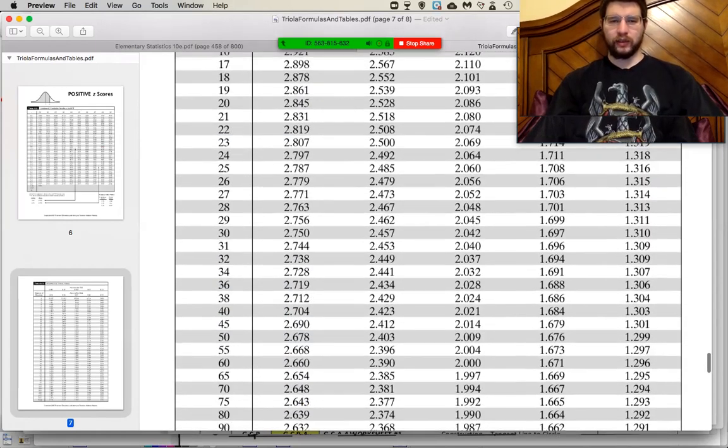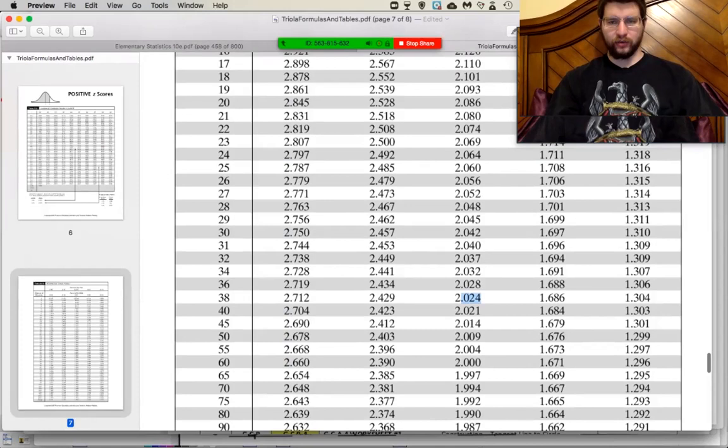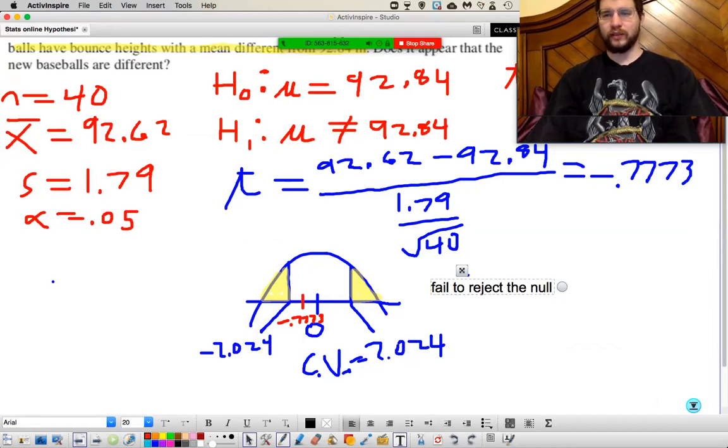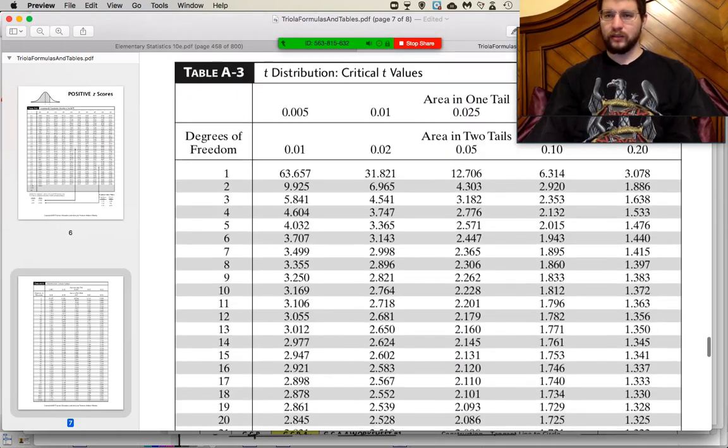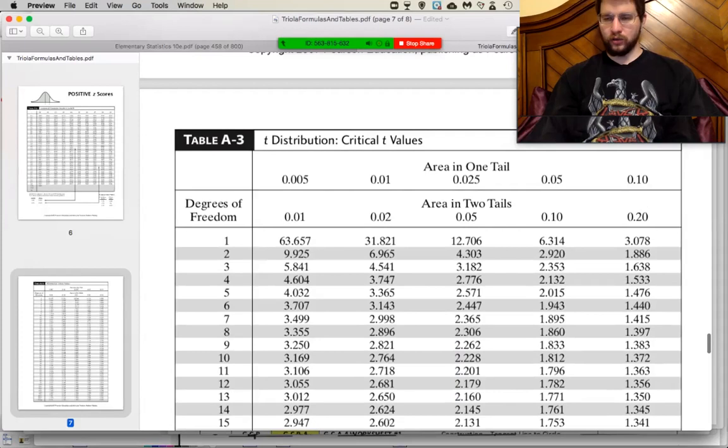If we go back, we're looking at 38 because we didn't have 39 degrees of freedom. And we're looking for our test statistic, negative 0.7773, so we're looking for 0.7773, positive. Well, it's not here, it's out here somewhere. So it's greater than this 0.20 number.